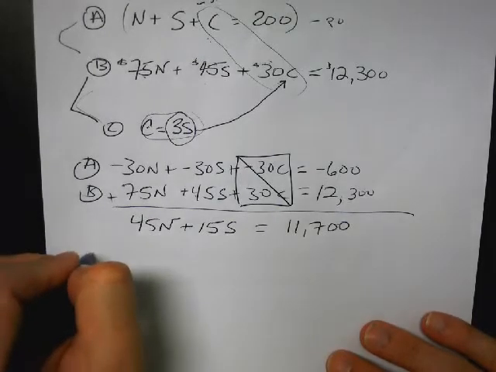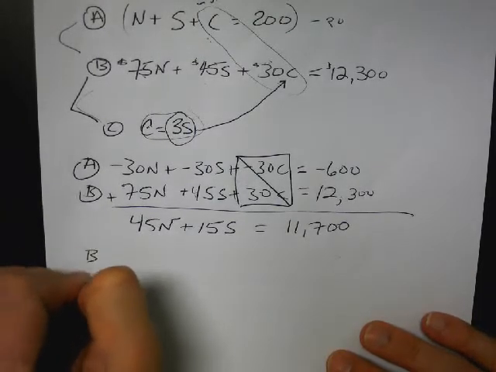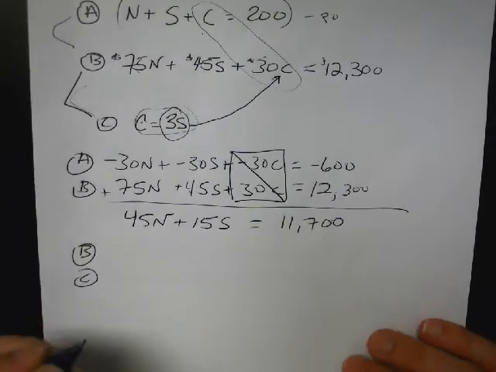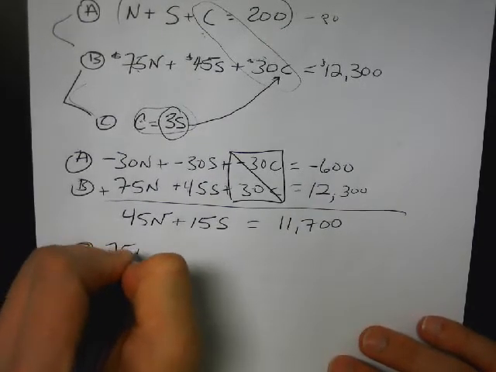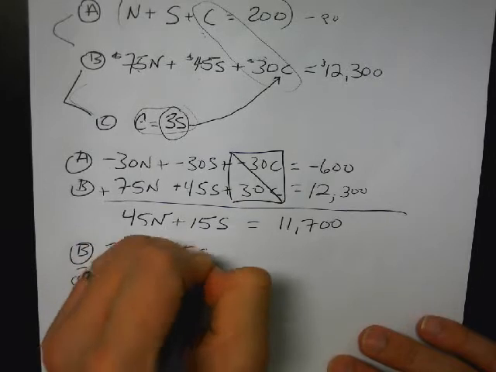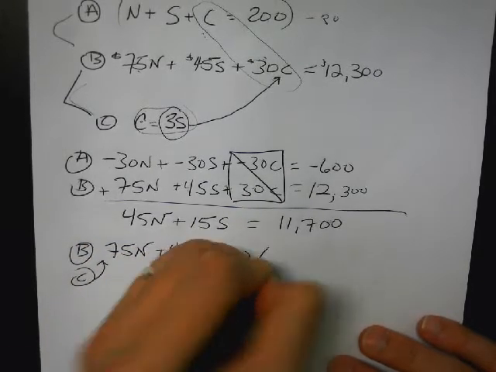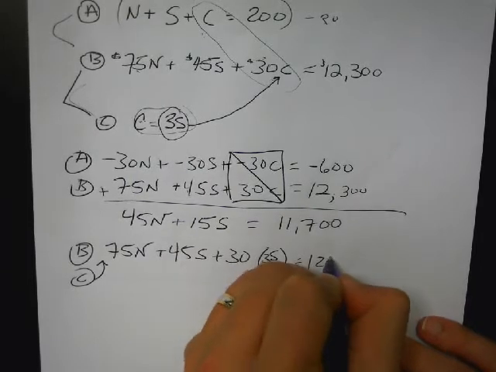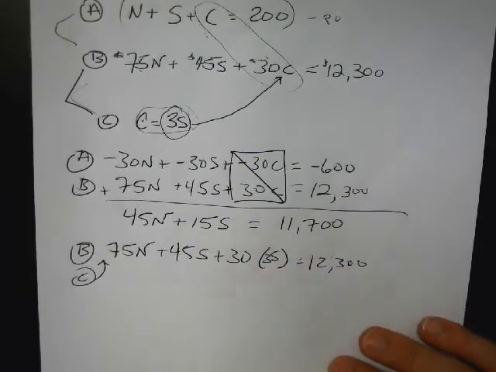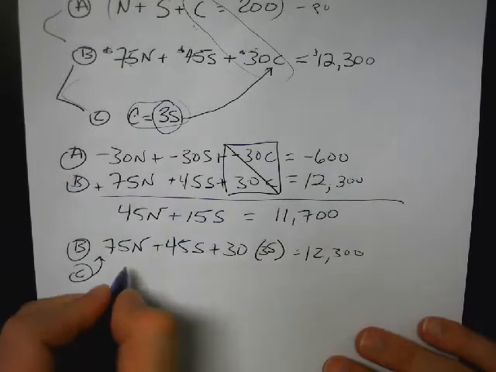So I'm going to say B and C. C is going to come up here to B, so I have 75N plus 45S plus 30, and C is 3S, is 12,300.